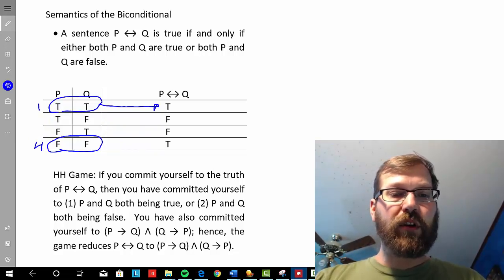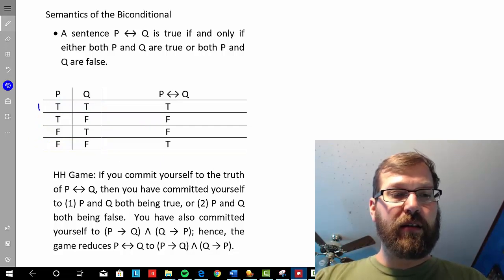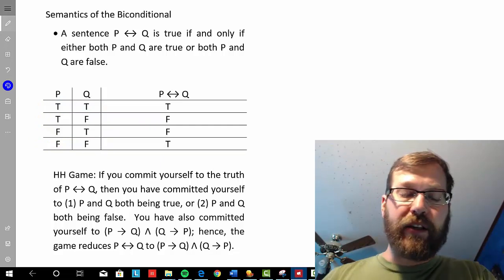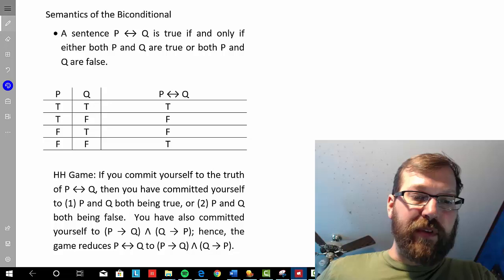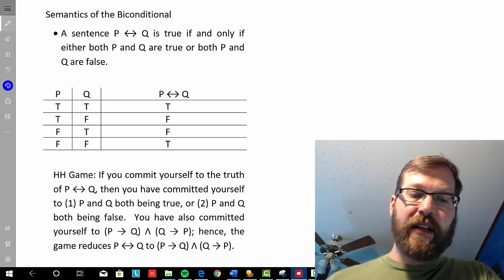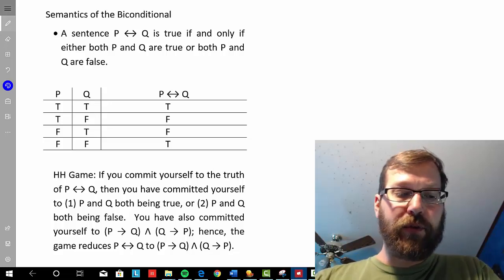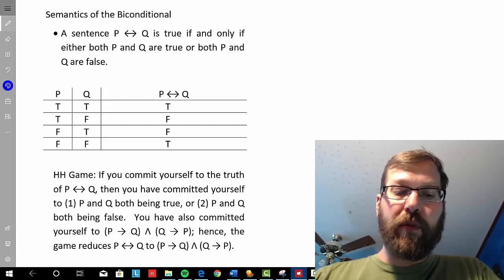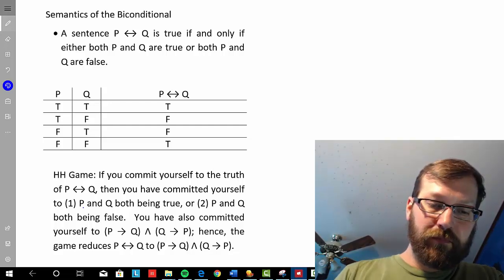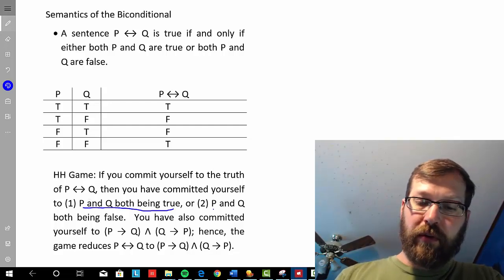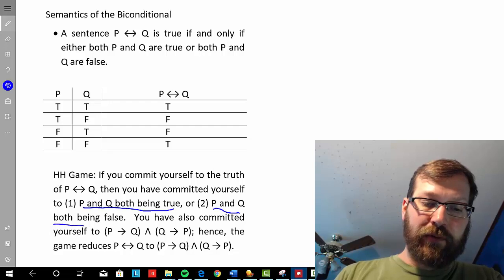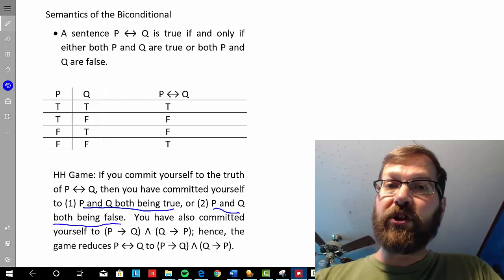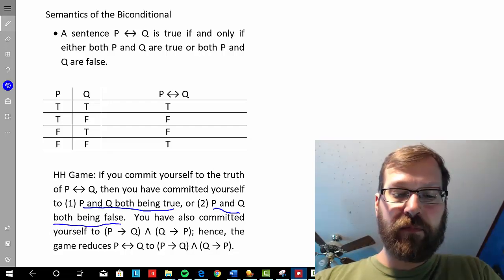Okay, so we have one last way that we can think about the meaning of a biconditional, and that's with the Hintikka game. It tells us that if you commit yourself to the truth of P if and only if Q, then you have committed yourself to P and Q both being true, or P and Q both being false, which is just what we were saying above.